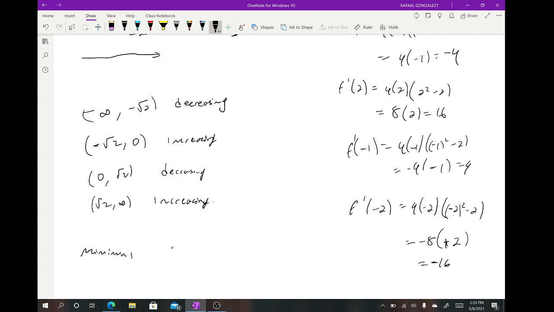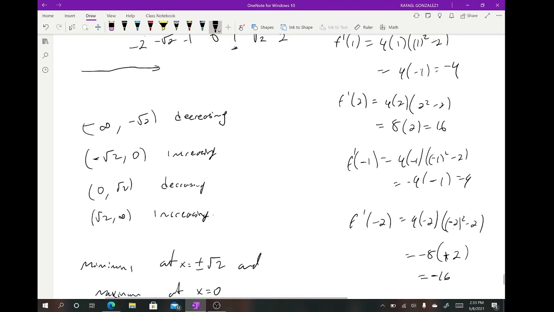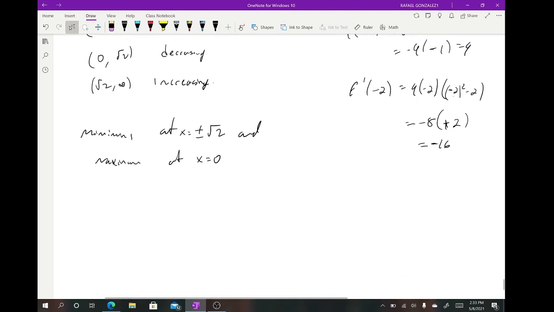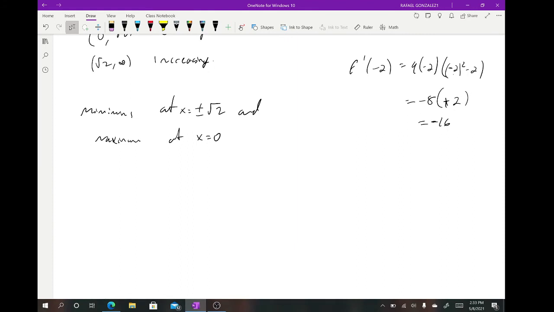Minimums at plus or minus radical 2, and maximum at 0. Okay, so that's the solution to our problem. We have found all of the information about the extrema of the function, and we have found where we are increasing or decreasing.